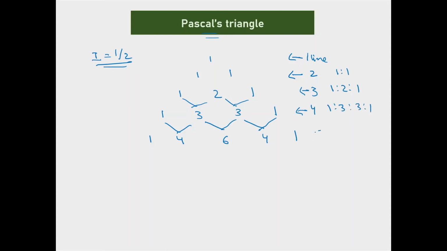If we have 5 lines, the relative intensity will be 1:4:6:4:1, and so on. Now in this case, since we have 4 lines, the relative intensity will be 1:3:3:1.